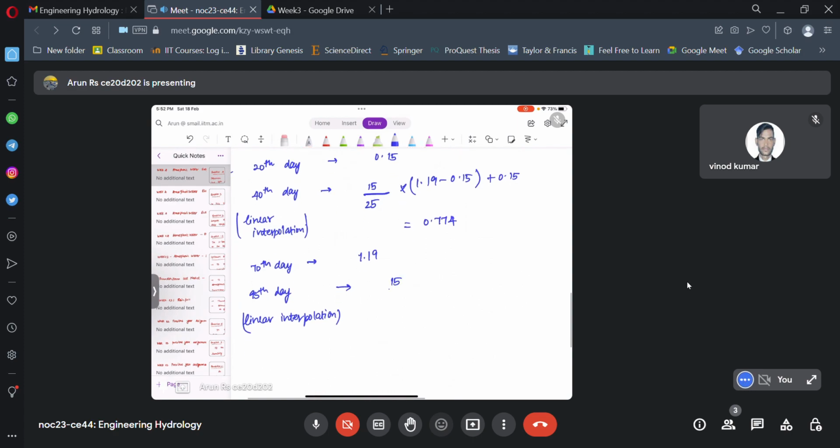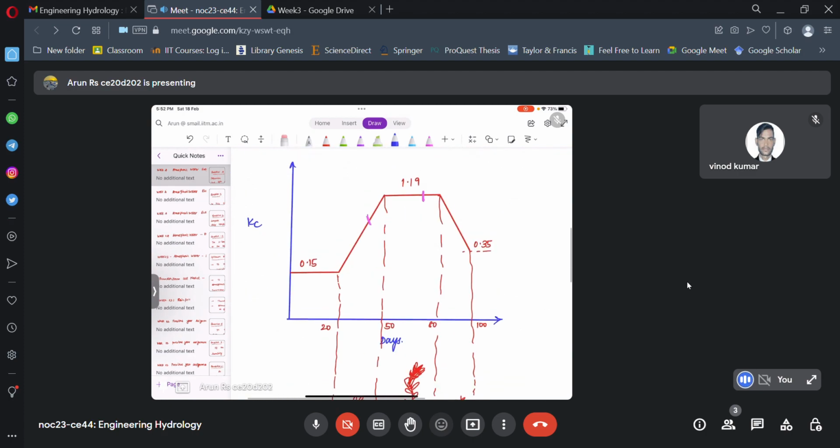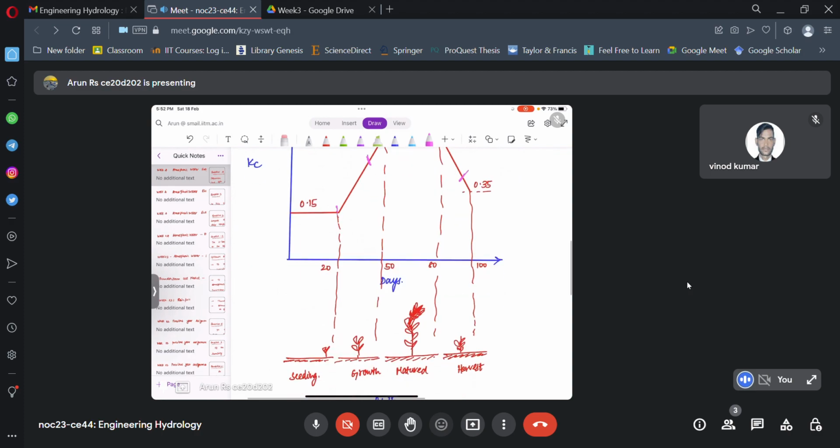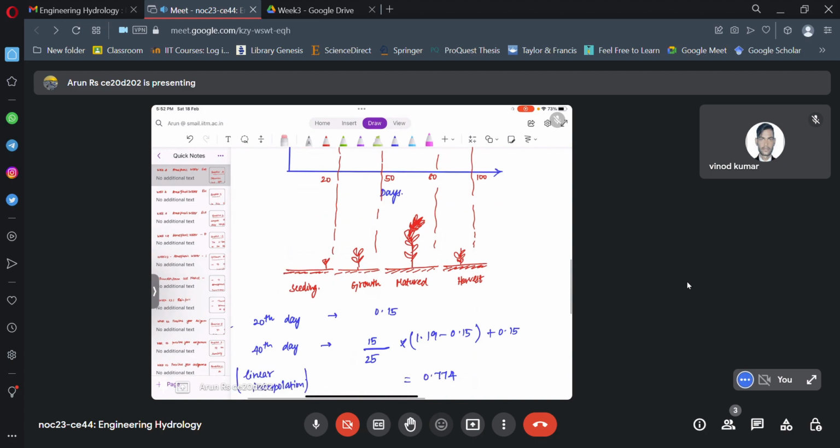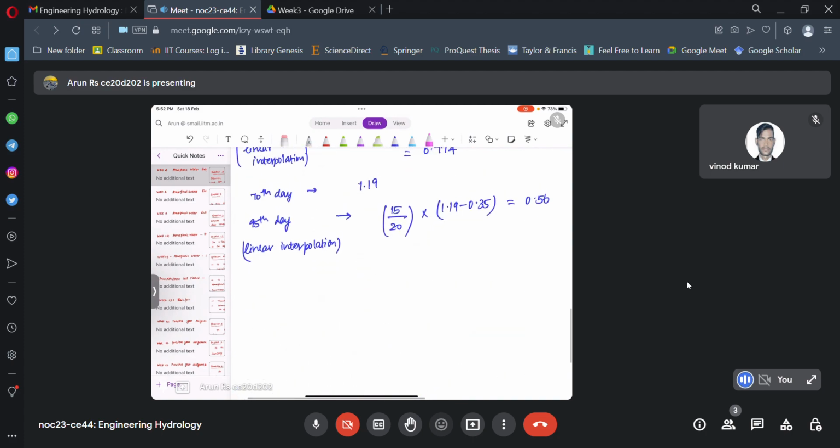It is 15 by 20 into, this is around 0.56. So your 95th day comes somewhere here. So your 20th day is here. So these are the 4 points they have asked the crop coefficient for, and we have calculated the crop coefficient.